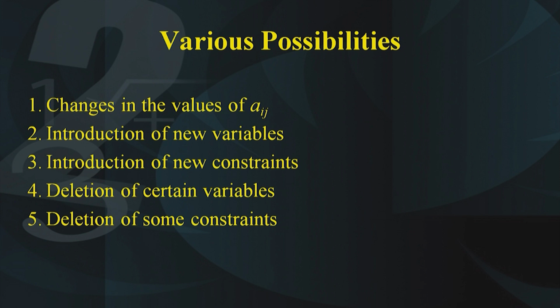Fourth, we would like to look at the situation when we would like to delete a particular variable from the problem. And finally, we would like to look at what happens if we want to delete some constraint. So, in this lecture we will cover all these 5 possibilities.